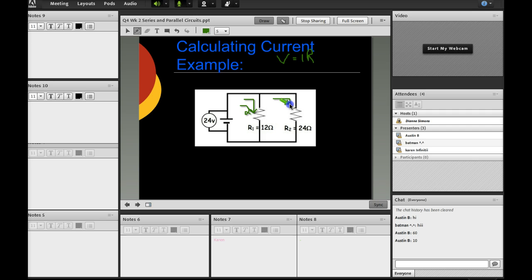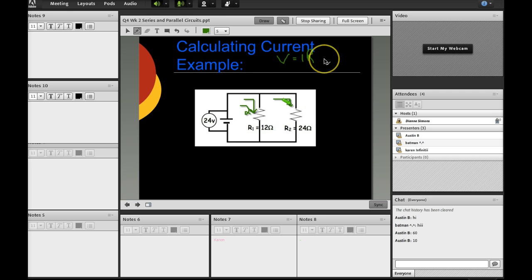What about over here? How many amps are going to go through here? Isn't it 2? Nope, because this is a parallel circuit. Your current is going up, and part of it's going to go this way, but then part of it's going to go this way. So we already had 2 amps that went this way, so there's still something going this way. Again, look at this formula.